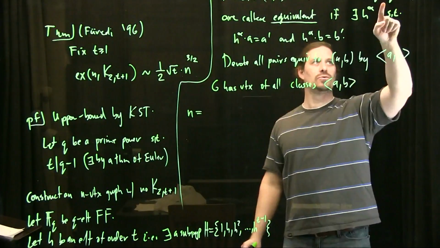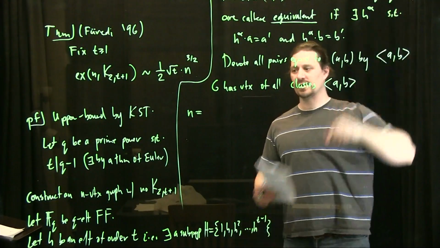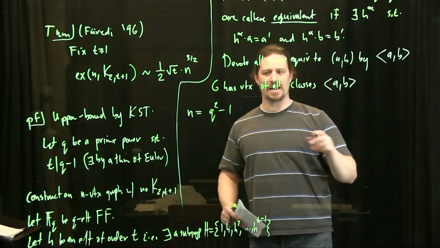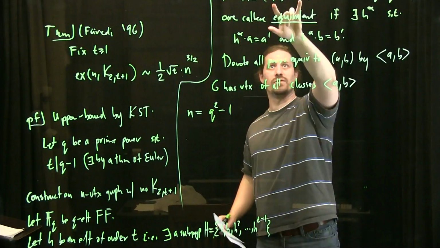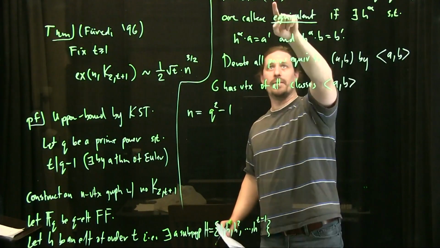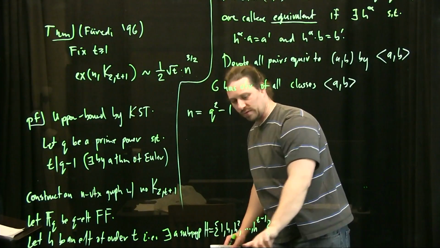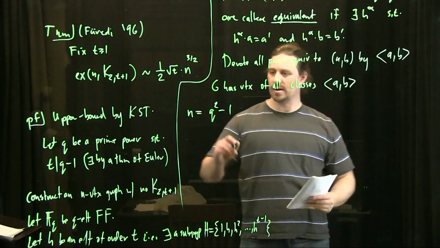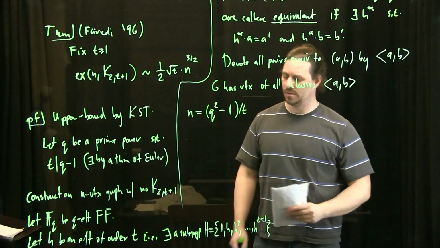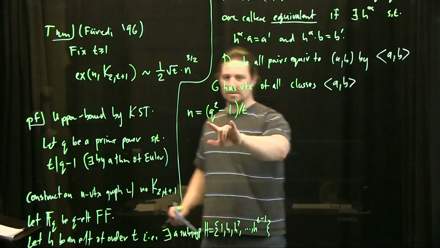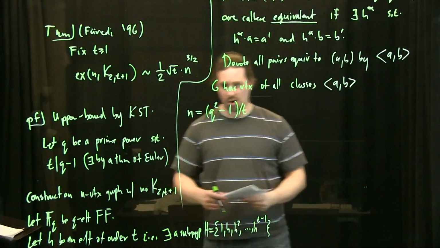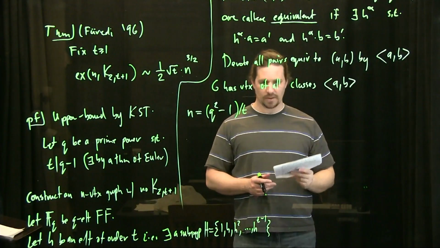Well, I have F_q cross F_q minus 0, so that's q squared minus 1, but that's not the number of vertices because I squeeze these pairs together if they're equivalent by this thing. How many equivalent pairs does this have? It has 1 for each of the elements in the subgroup here. So my number n is just this divided by t. I just absorb them up, okay? Notice this is a difference of squares, one of which is this, so t divides it, so this is actually an integer. So we can actually concretely say that that's what n is, okay?